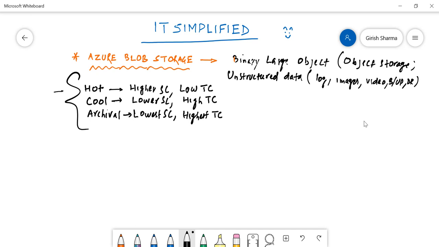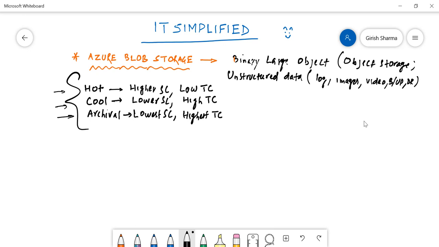The reason it is so attractive is that there are different tier levels unlocked by utilizing blob storage. So as of right now, it is meant for storing binary large objects, unstructured data, specifically the data which doesn't need to have any schema to it, and it has three tiers: hot, cool, and archival. And I talked about the transactional and the storage cost in that.